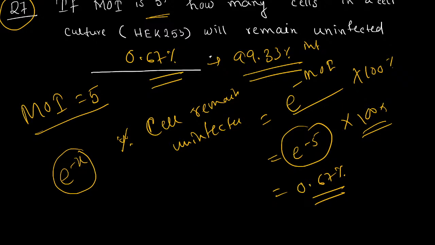Every cell will not get uniform virus. A cell will get suppose 10 viruses, a cell will get 2 viruses, one cell will not get any virus. So that's how some cells will remain uninfected, and this is the formula, e to the power minus multiplicity of infection, through which we can calculate how many cells remain uninfected.